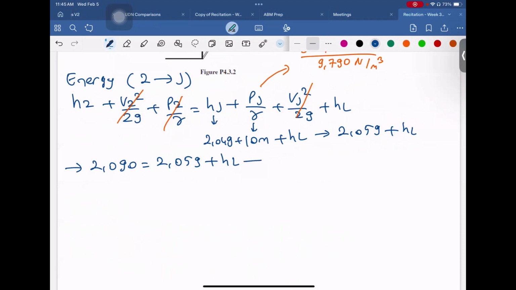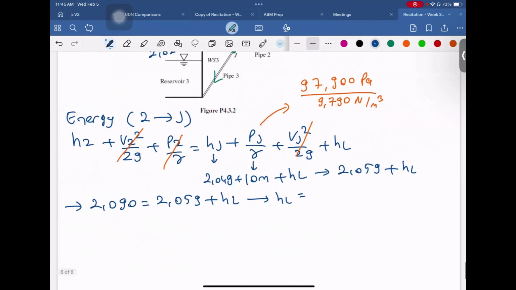And the head loss here is f L V squared over 2gD.